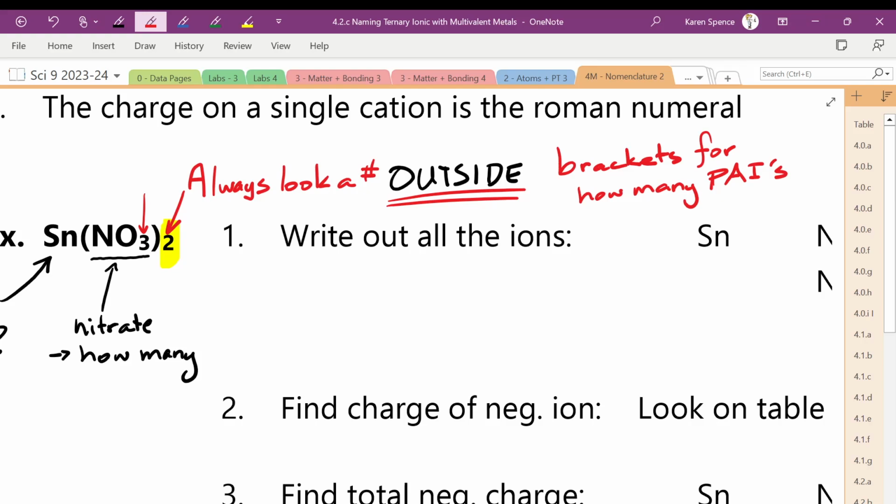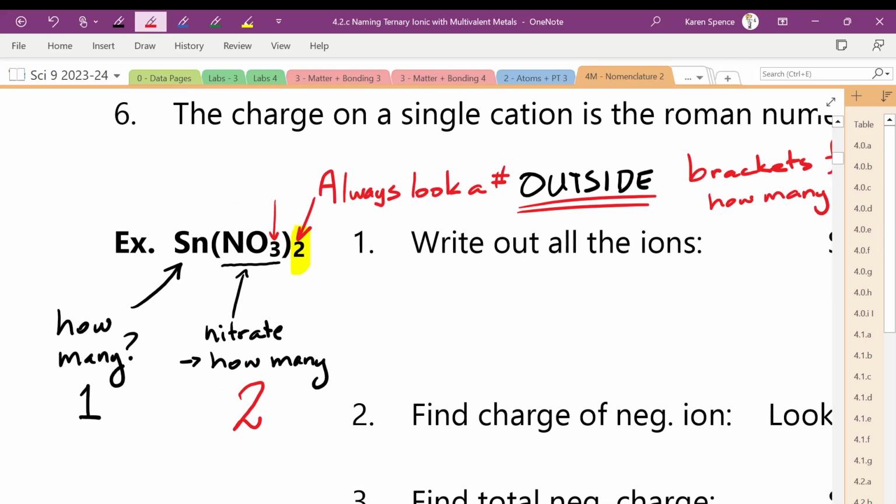So now we know that there is 1 Sn, and we know that there are 2 nitrates. So just like we did for regular monatomic ions, like chloride or bromide or whatever, we're going to write out all our ions.